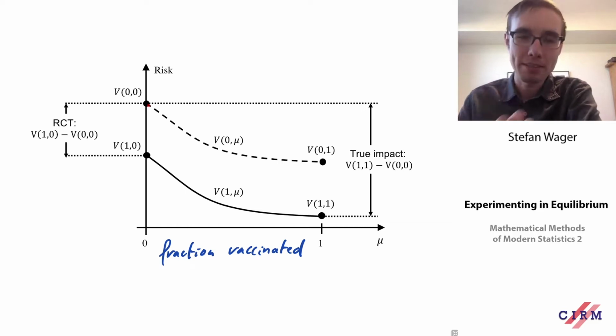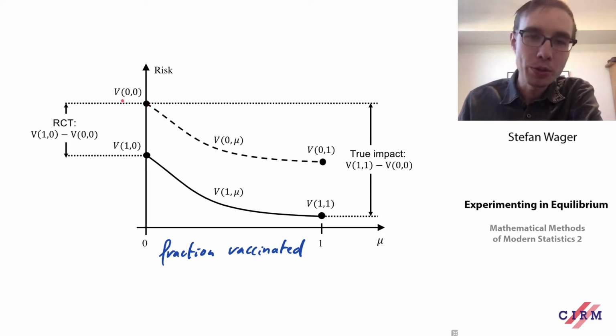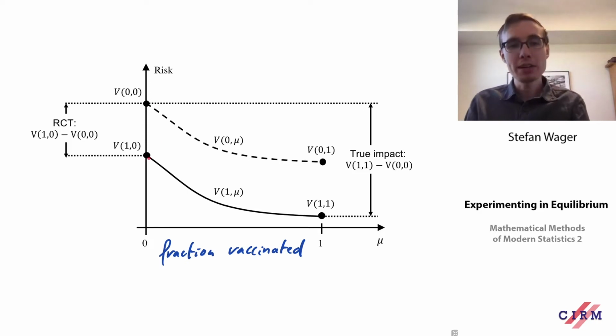And let's say they ran a randomized trial to see the protective effect of this vaccine. So now we move you from not being vaccinated to being vaccinated, but it's still a pilot study, so most of the population is still unvaccinated. What this randomized trial is going to measure is the effect of you being vaccinated in a world where most people are not vaccinated. This is going to be something.